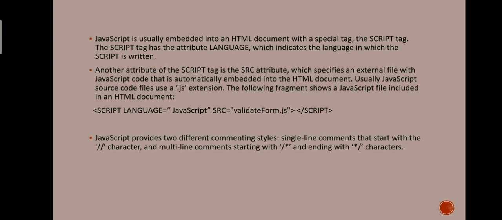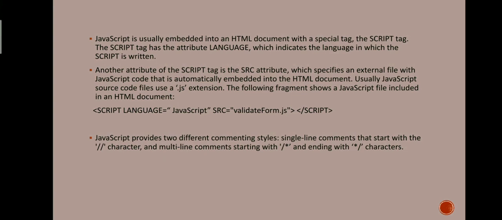Here they have shown the general format of JavaScript in an HTML document, that is script language equals JavaScript, src equals validate form.js. So .js is a JavaScript file extension, and the script tag has been closed here.